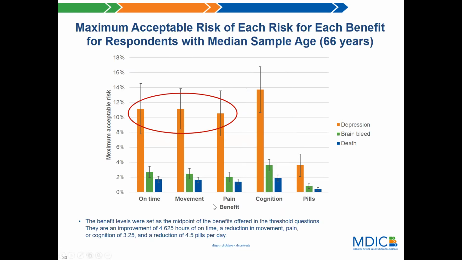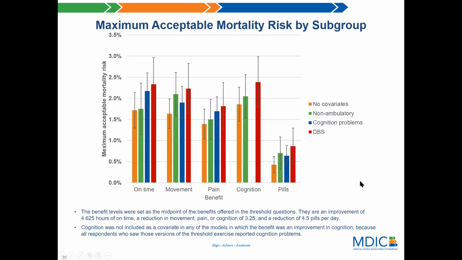We found that on-time movement and pain were about the same as each other, and that preferences for reducing the number of pills indicated that that benefit was less important than the others.